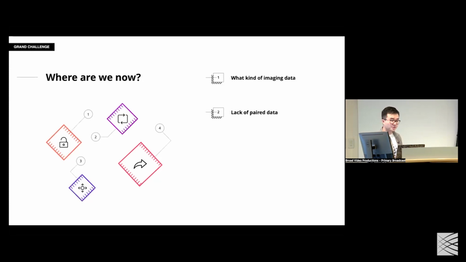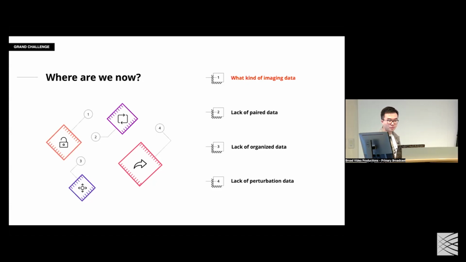Another challenge is that there is very limited paired data, and it's not organized in a way that you can do an ImageNet-style challenge. There's also not much perturbation data that you can really apply. So these are the challenges, but step by step we can work on some of them.